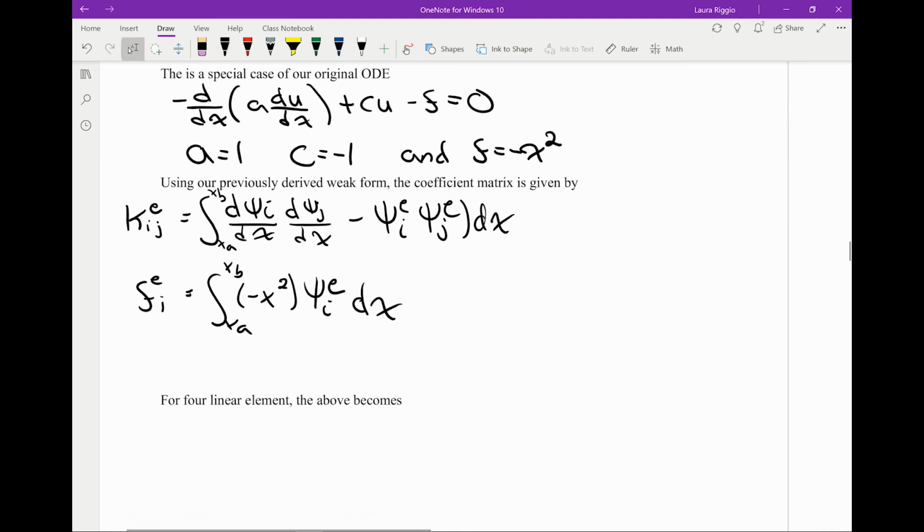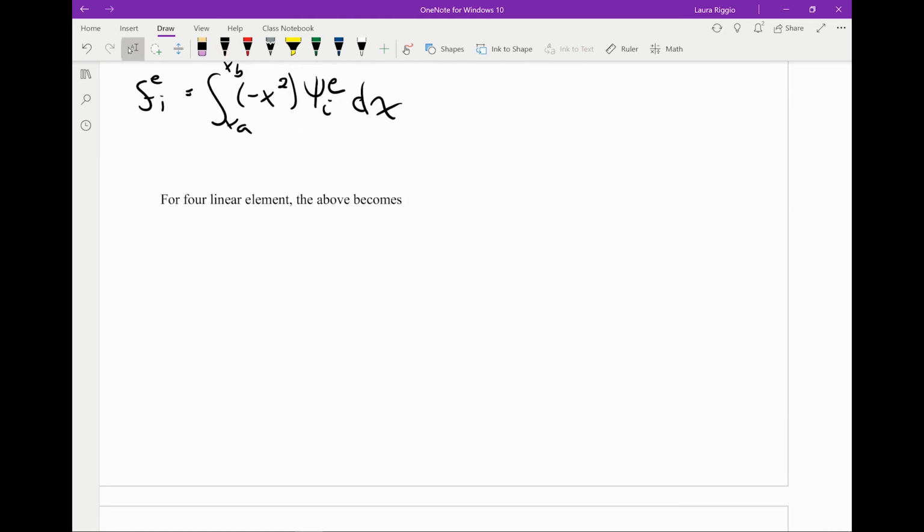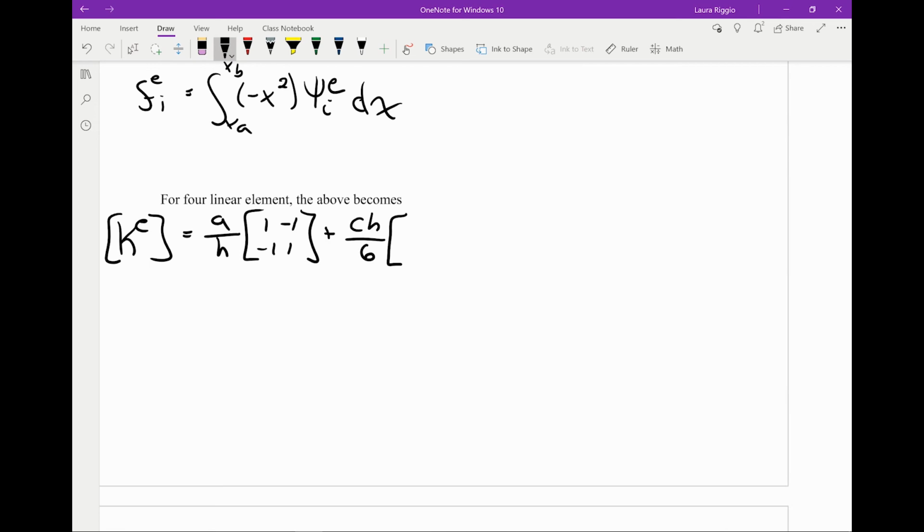For 4 linear elements, our above equations become, so let's do our stiffness one first. It's A over h times [1, -1; -1, 1], plus Ch over 6 times [2, 1; 1, 2]. So h is equal to 1/4 because our domain goes from 0 to 1 and we have 4 elements.